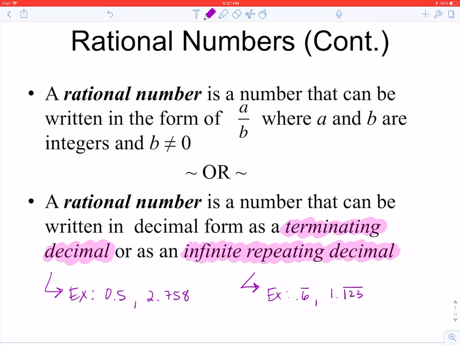And if I put that line over the 1, 2, 3, it means that 1, 2, 3 repeats forever. So 1, 2, 3, 1, 2, 3, 1, 2, 3. Or it can be something like -5.798, where maybe just the 9, 8 repeats over and over and over again. Okay, so it's non-terminating, goes on forever, but has a repeating pattern.